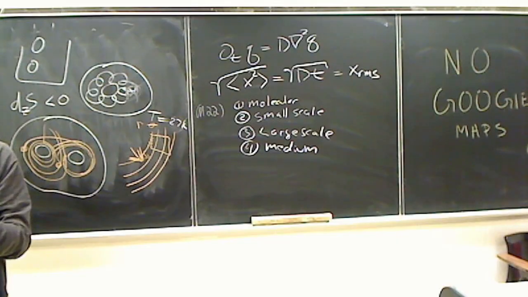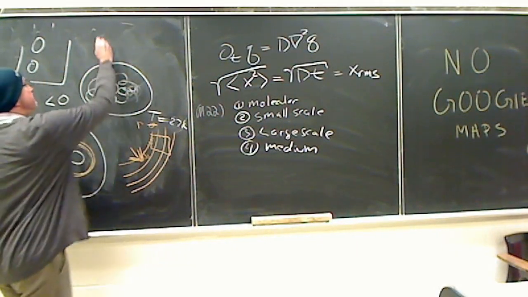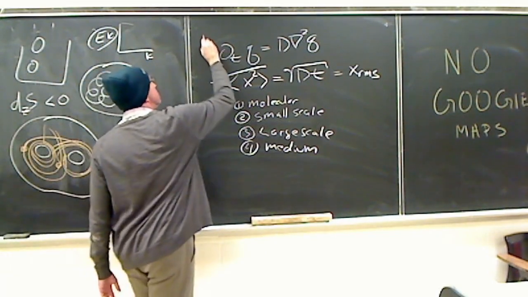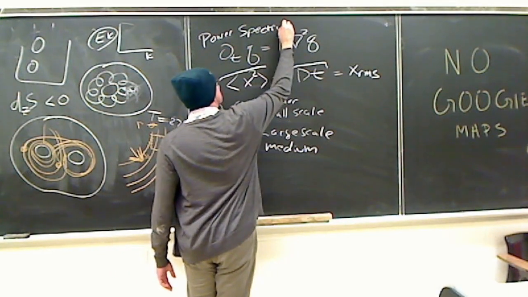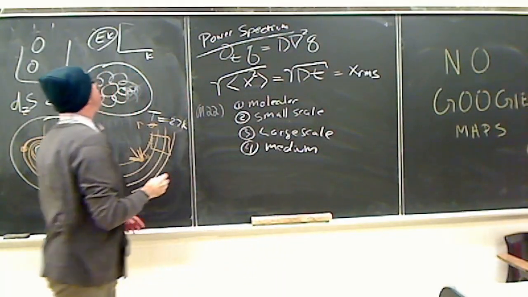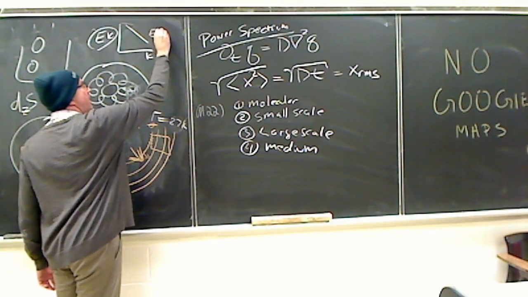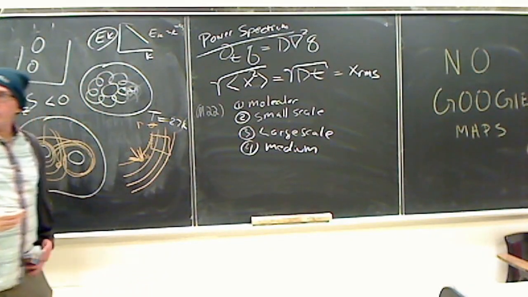It's tricky to actually measure in one of these galaxy clusters, but if you can measure the velocity power spectrum, E of k versus k, which is called the power spectrum, and you start to see this nice power law where E of k goes like k to the minus 5/3, then you know that the solution is turbulent.